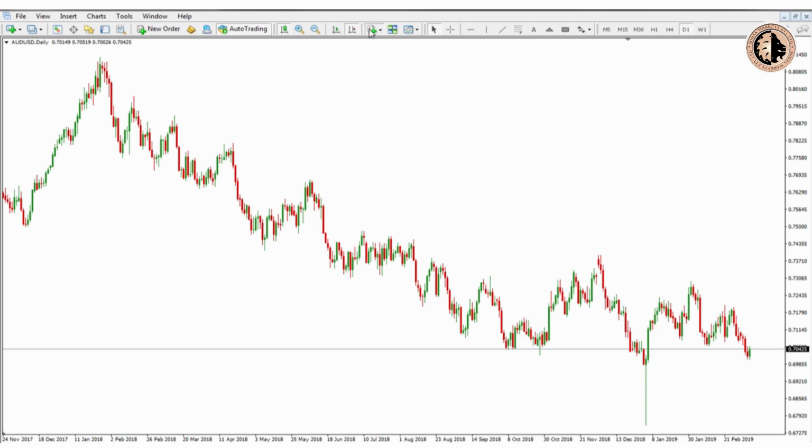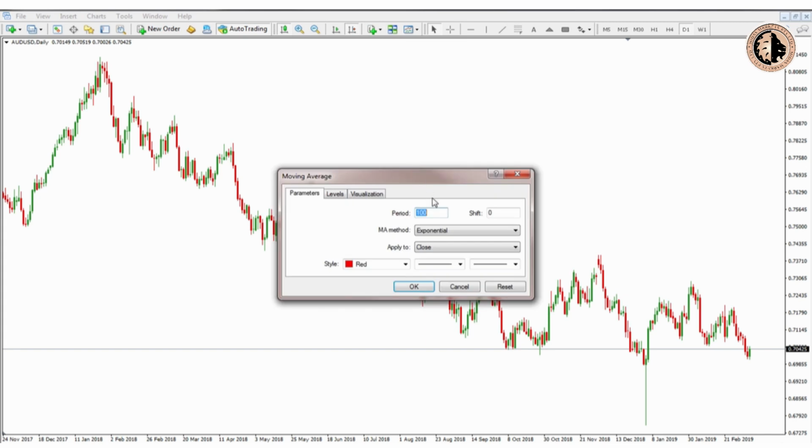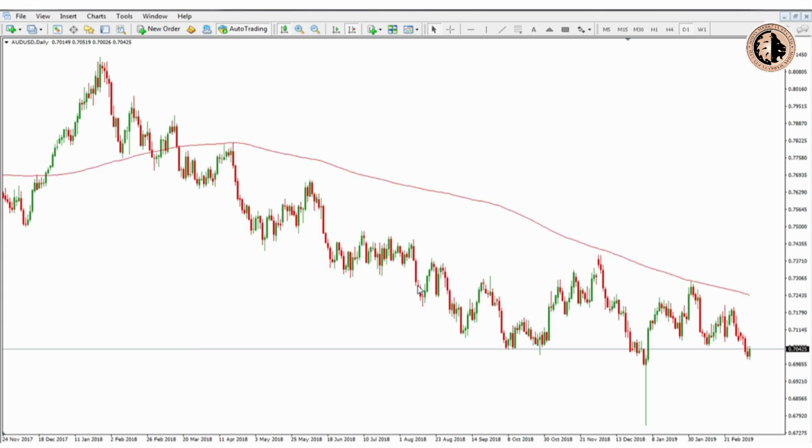What is the difference between the simple and the exponential moving average? I will include the other one. Okay, it's a slightly different line. The difference occurs because the exponential moving average gives more importance to the last candles. For example, if it takes 200 candles for calculation, the last, that is the new ones that appear, have more weight, which is not the case with a simple moving average.